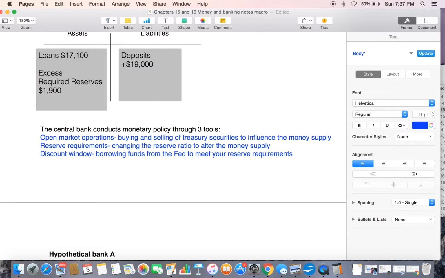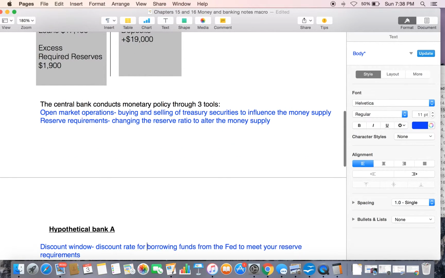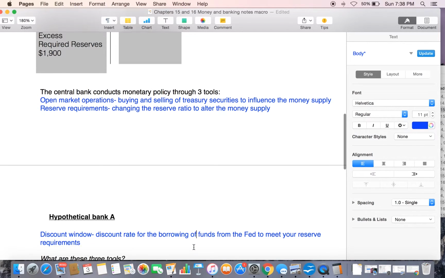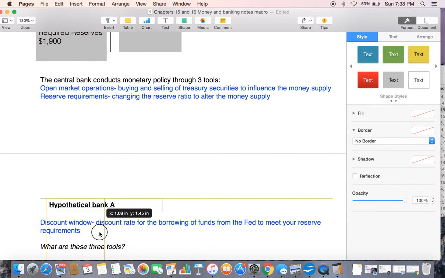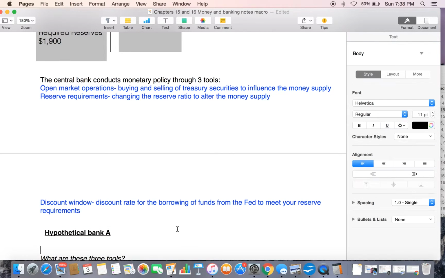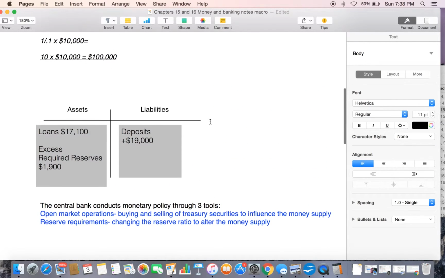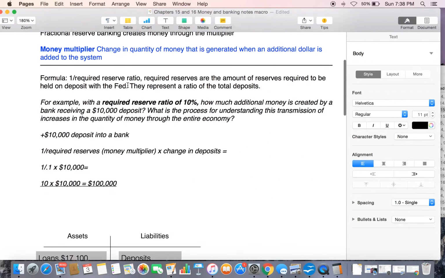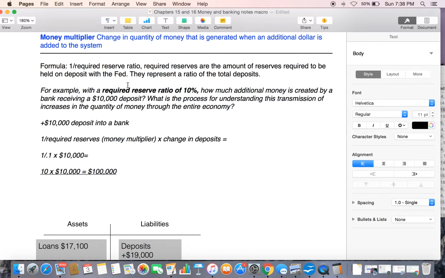Say you're short on reserves one evening or for a certain period of time. So by performing open market operations, changing the reserve ratio, or changing the discount rate, the Federal Reserve is able to alter the supply of money as it transmits through our fractional reserve banking system.